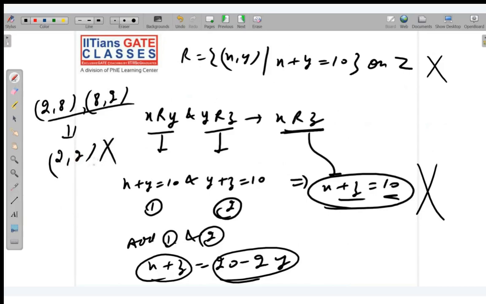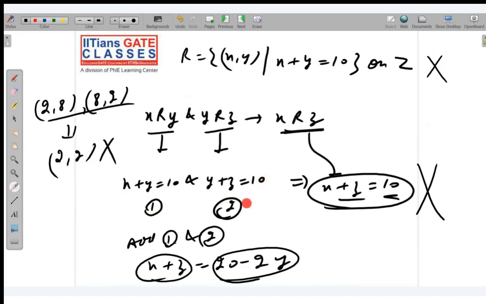Any doubt? No, sir. It is x plus z is equal to 20. Why did you write minus 2y, sir? Okay, please try to listen. x plus y is 10, y plus z is also 10.